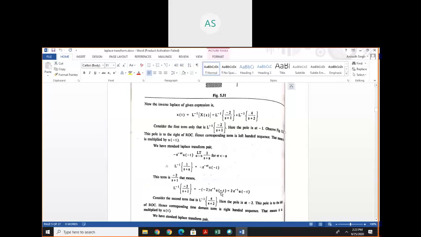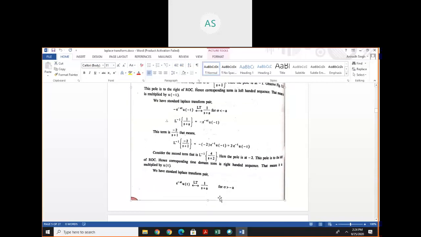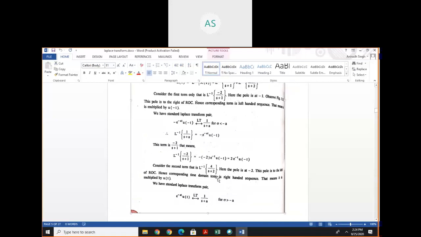And in this case, since the pole is to the right hand side, we multiply the signal by u(-t). Clear?